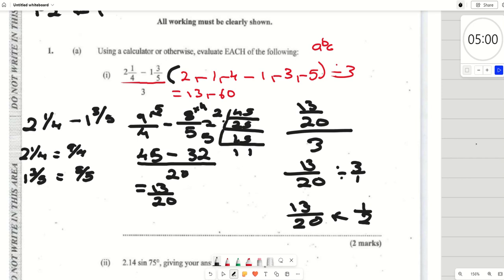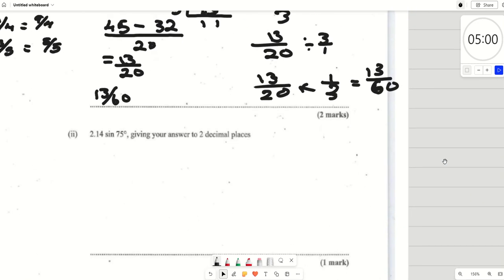If you compare numerators and denominators, you know nothing could go into anything there. So 13 by 1 is 13, and 20 by 3 is 60. What am I saying? This is 3, not 2. So the answer is 13 over 60, and you see we get the same answer. I just made a mistake. I put 2 here, but it is divided by 3 over 1, and that fraction is inverted.